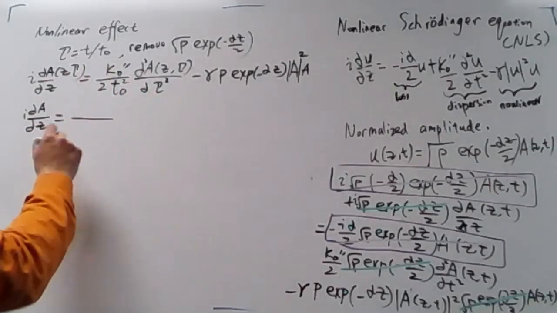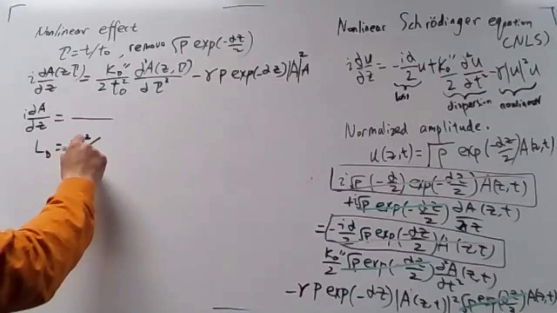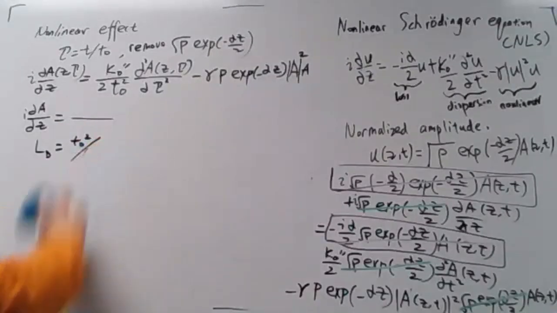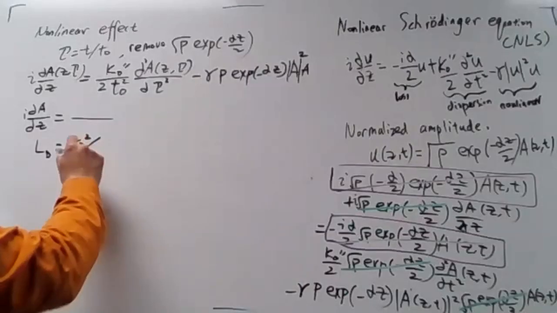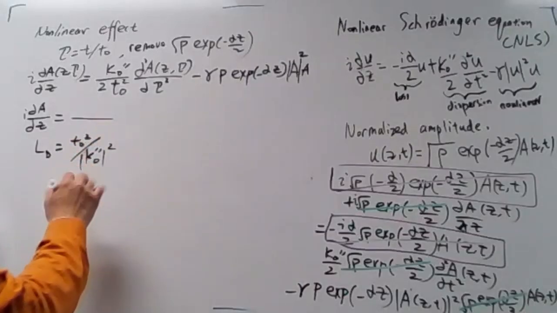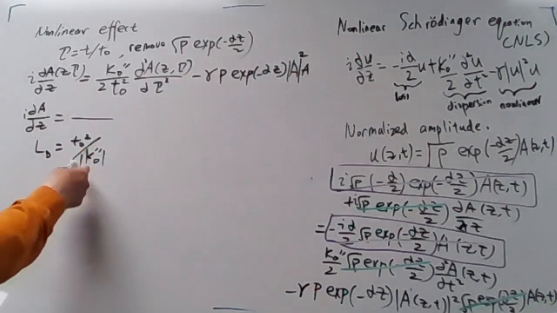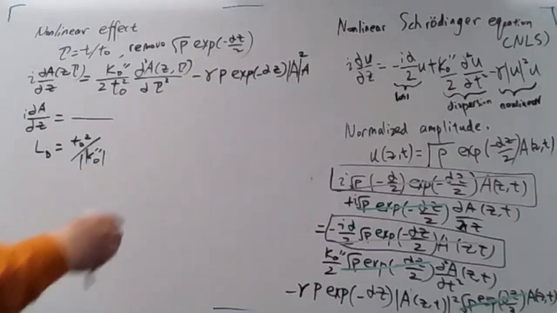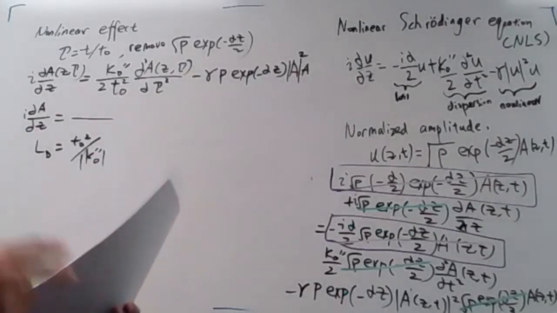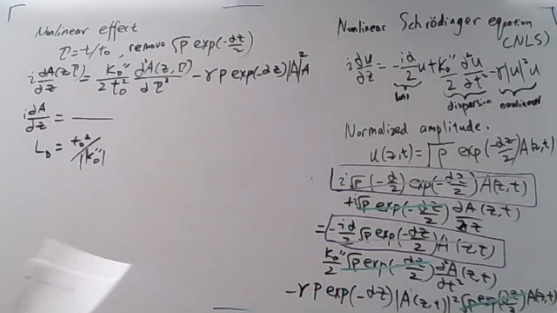Remember, LD is t naught square over k naught double prime. No, it's the absolute value of this, because k naught double prime could be positive, could be negative, right?